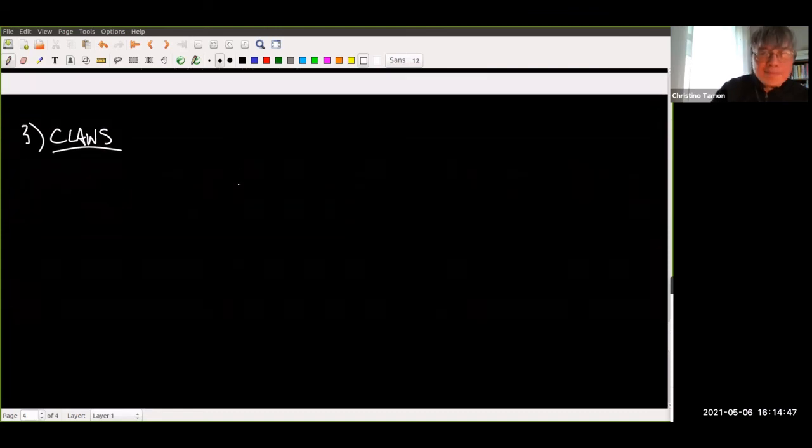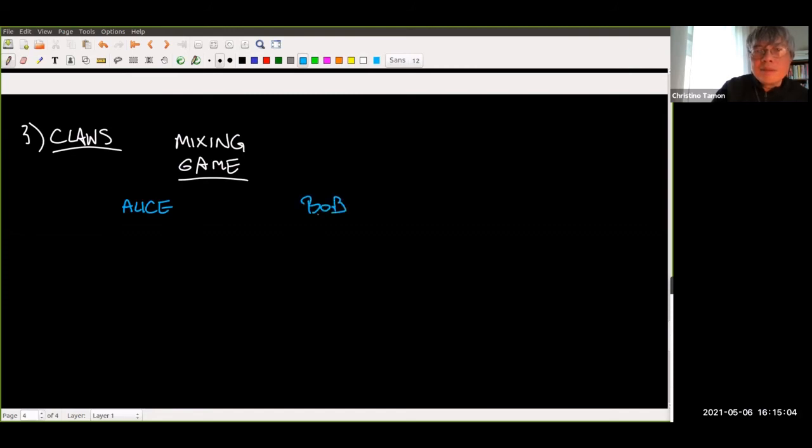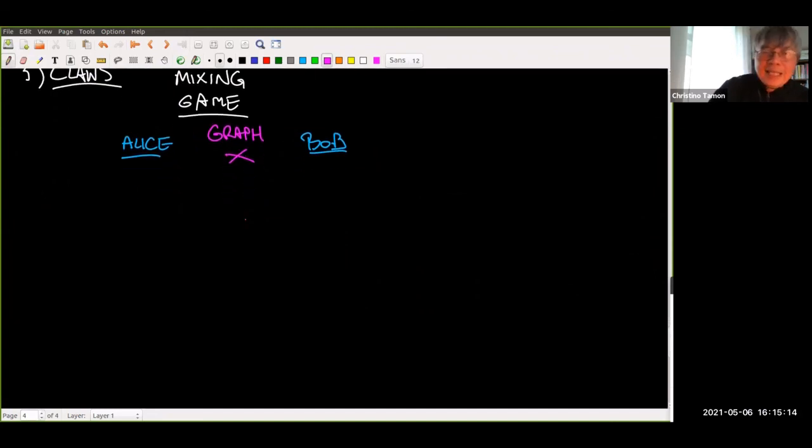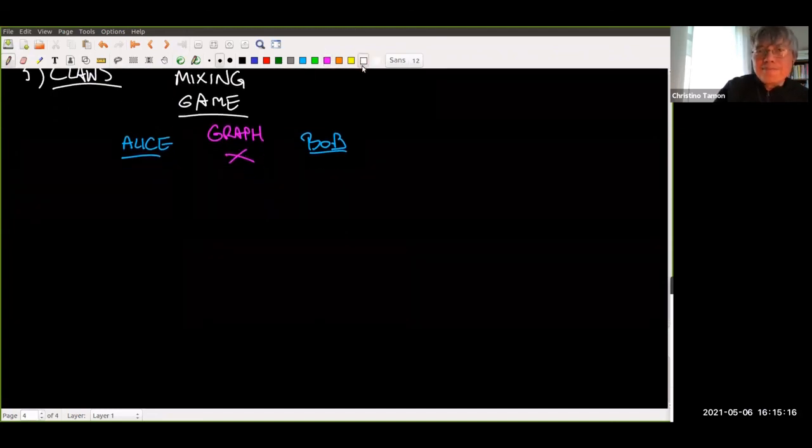I'd like to define a game between two players. Let's say Alice and Bob, standard choice. What they have as an input is a graph X.